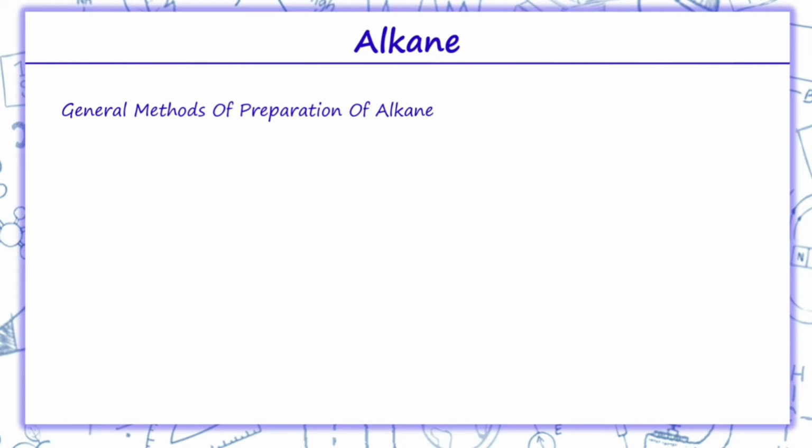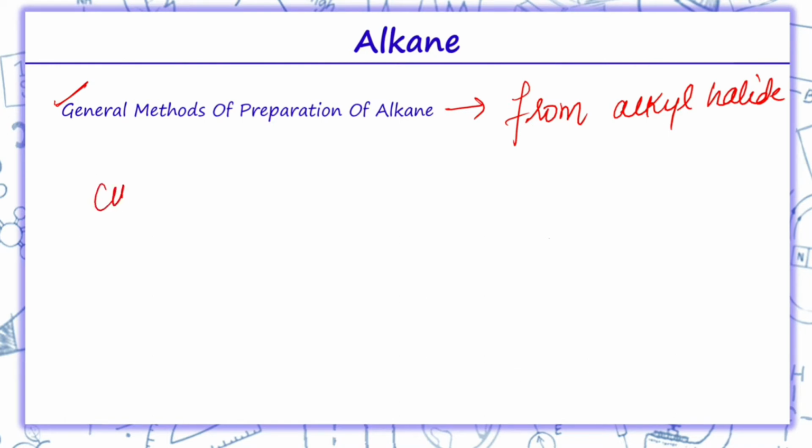Next method of preparation is the general method of preparation. In the general method, alkane is prepared by taking alkyl halide. The first one was where we took the sodium salt of acetic acid; over here we are taking alkyl halide. In alkyl halide we can take CH3I.